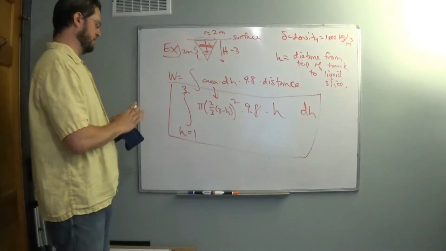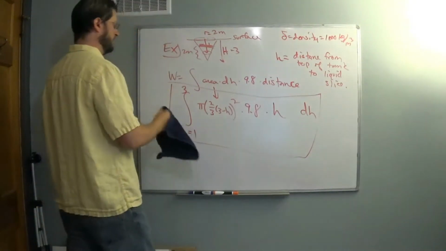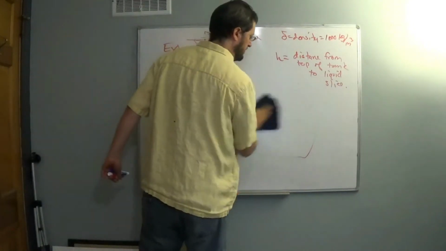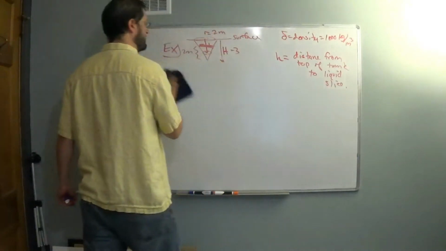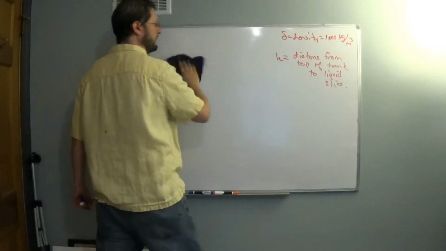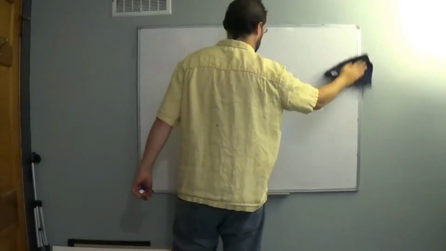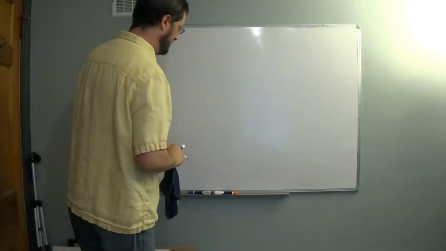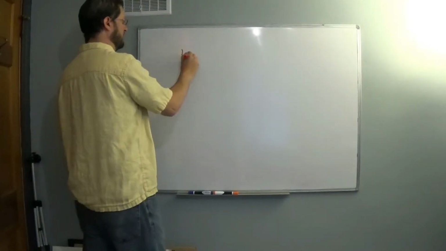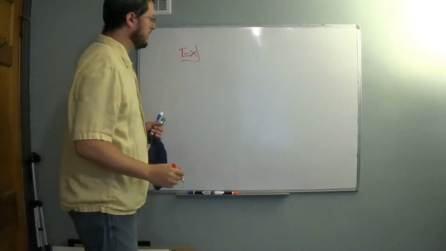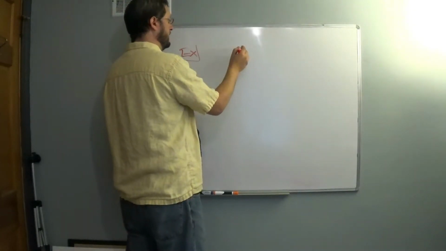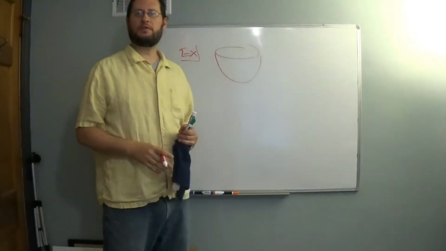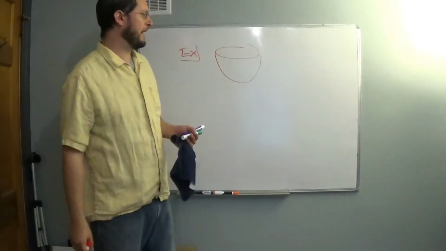Okay, let's look at one more. Alright, suppose that we have a swimming pool and it's in the shape of a half circle or a half sphere.